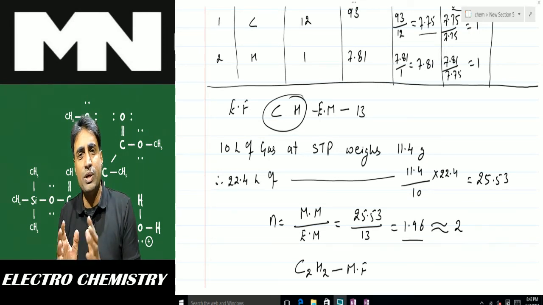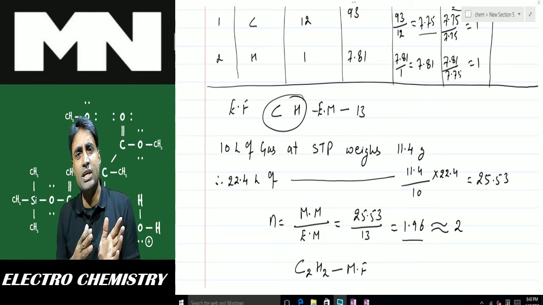Average atomic mass, whenever we have to calculate it, we multiply the percent which is given to us with the atomic mass of that particular isotope. We add all these percents multiplied by their atomic masses, and then we divide by 100. And we'll get the average atomic mass. For example, chlorine exists in two isotopic forms, 35 and 37.